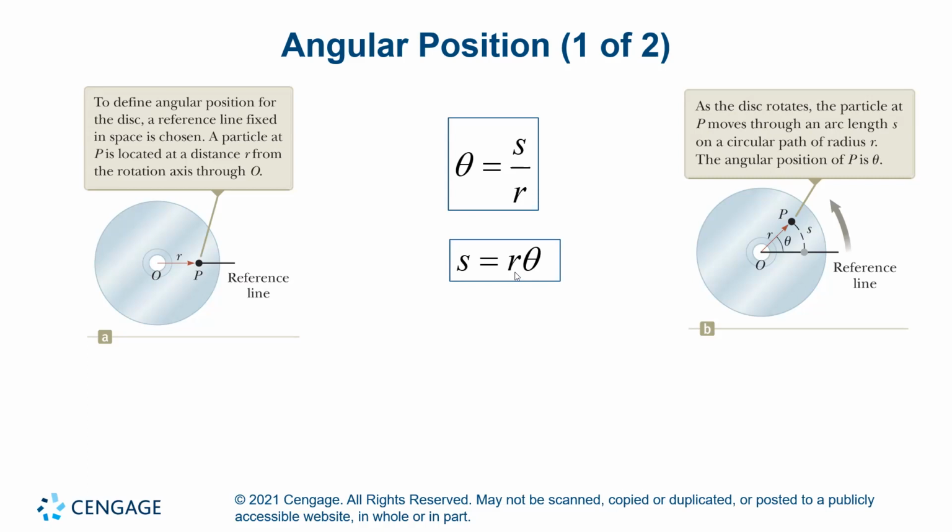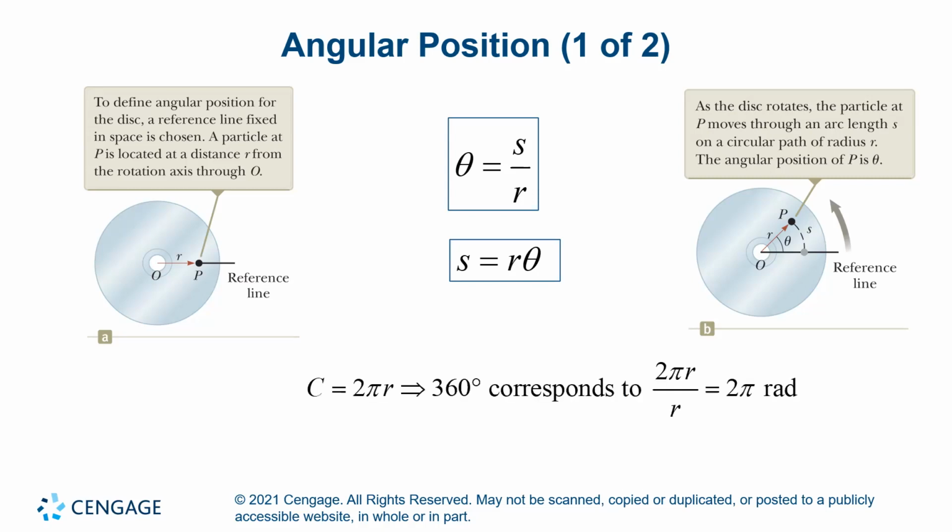R here is in terms of meters, and theta is not in terms of degrees. Theta is in terms of radians. Radians is another unit of angle or angular position, but it is actually unitless.